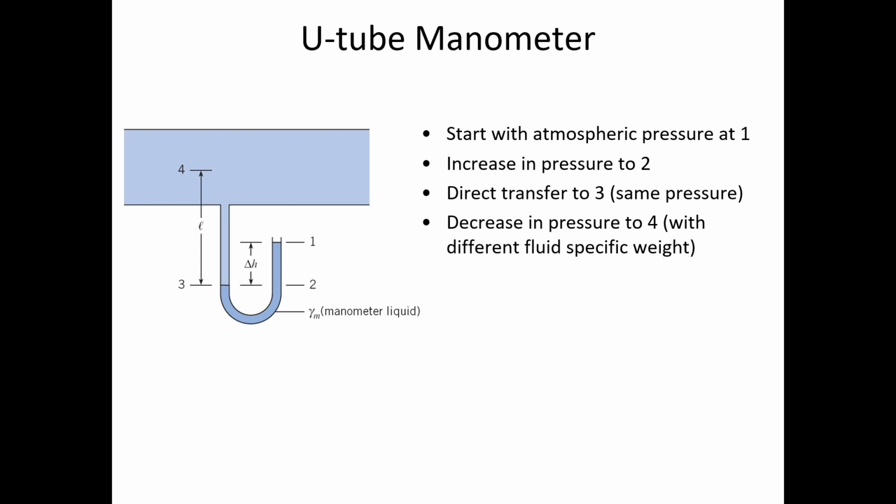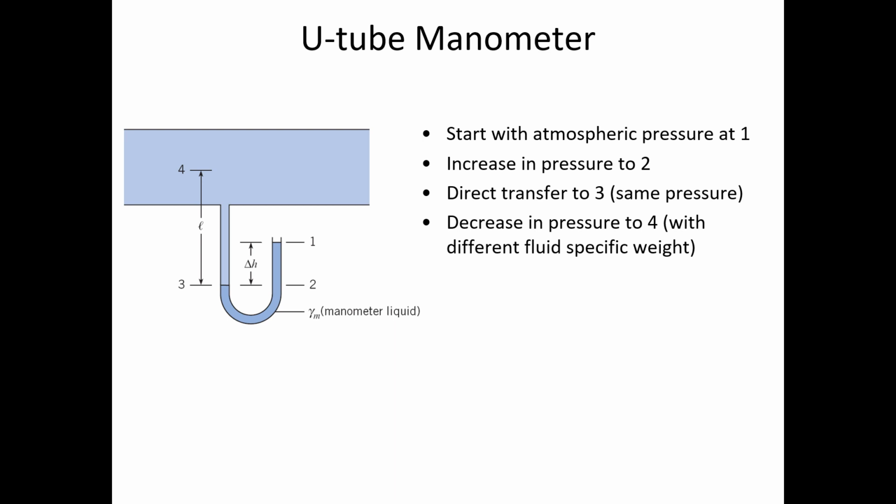What that means is mercury is 13.56 times as dense as water, or the density of mercury is 13,560 kilograms per cubic meter. It's really heavy per unit volume.